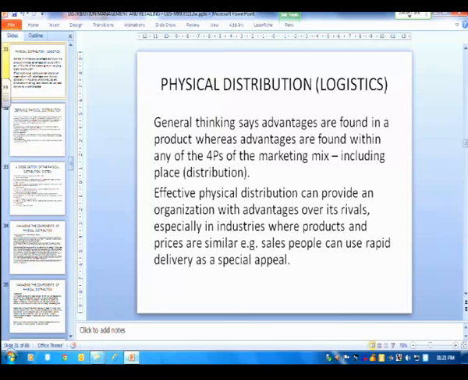Distribution. Effective physical distribution can provide an organization with advantages over its rivals, especially in industries where products and prices are similar. For example, salespeople can use rapid delivery as a special appeal.